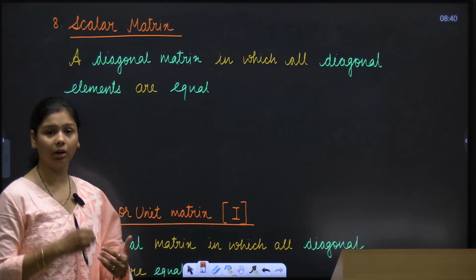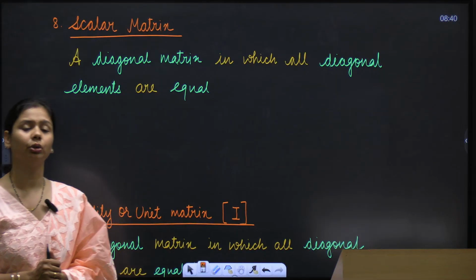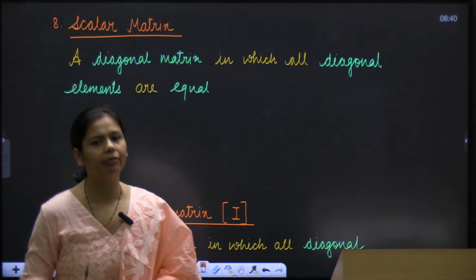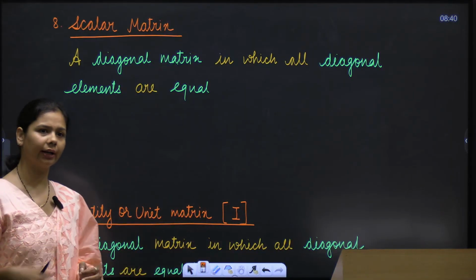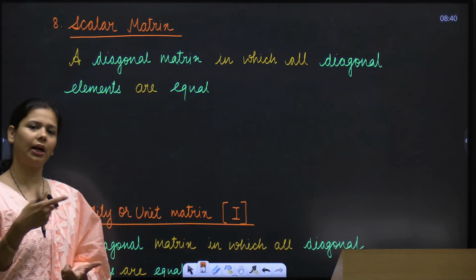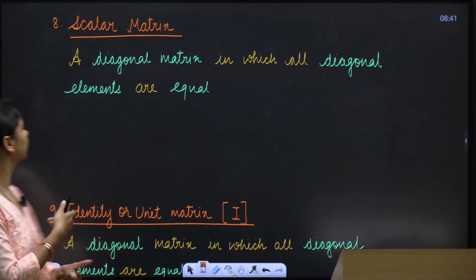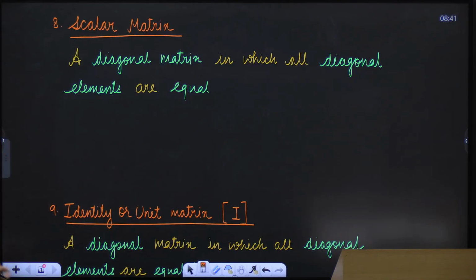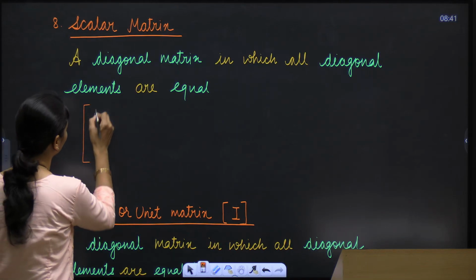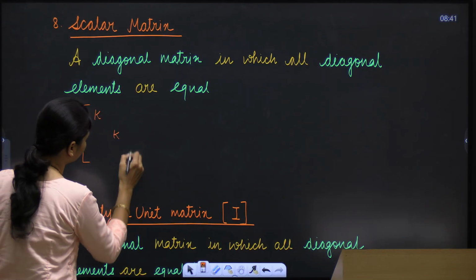If all diagonal elements have the same value, like a constant value k, or the value 2, then this is the scalar matrix. So the example of this will be k and k.